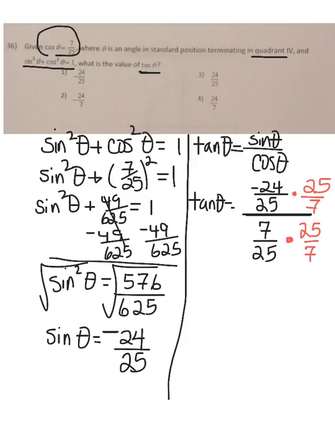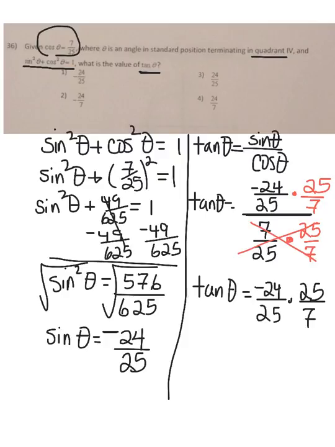Okay, so this will cancel out, and then really what I now have is tan theta equals negative 24 over 25 times positive 25 over 7. And then I can say, oh, well, those guys cancel out.